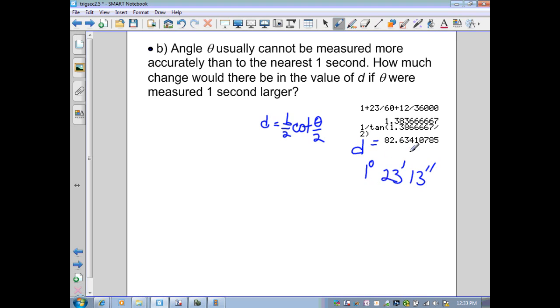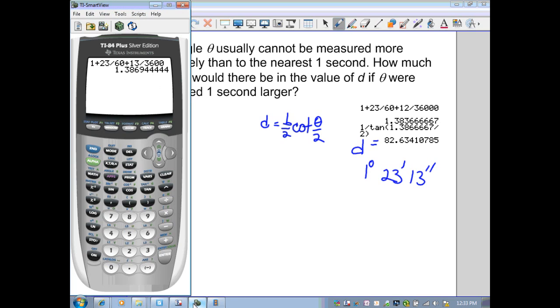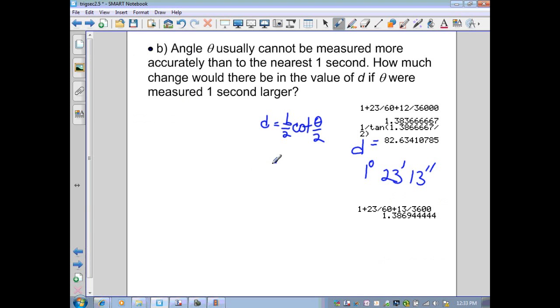Also, I need to convert my degrees, minutes, seconds into decimal degrees, which I have. So here, our value for a decimal degree is 1.38694444. Let's substitute in. My value for B, again, is still 2 over 2, cotangent of theta, which now with 1 second larger is going to be 1.38694444 divided by 2.